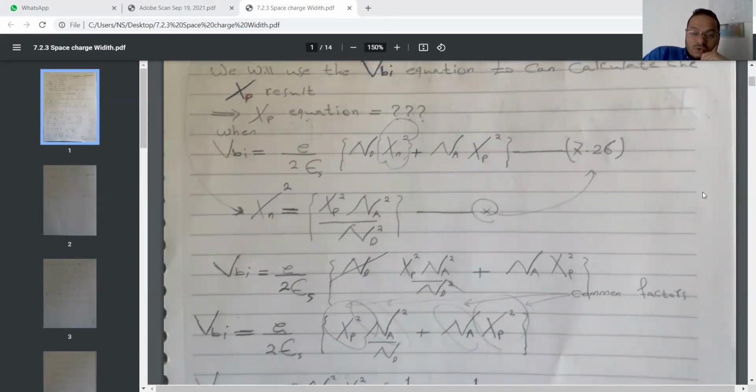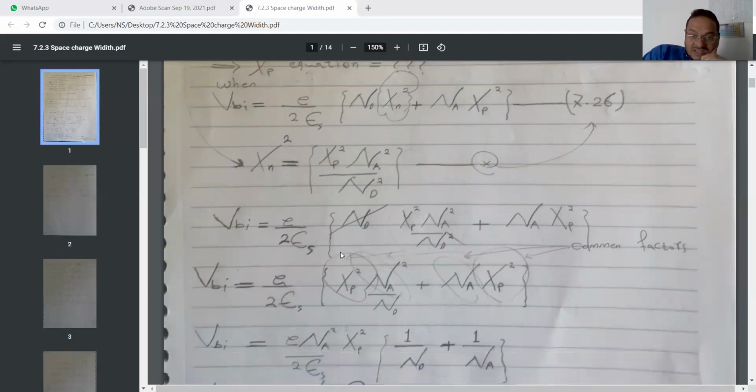We will reach it to simplify the appropriate equation for Xn, and by using it, we will find the last equation for the width in the P region. Here, like I said before, we put the result of the width in the N region here and keep going.